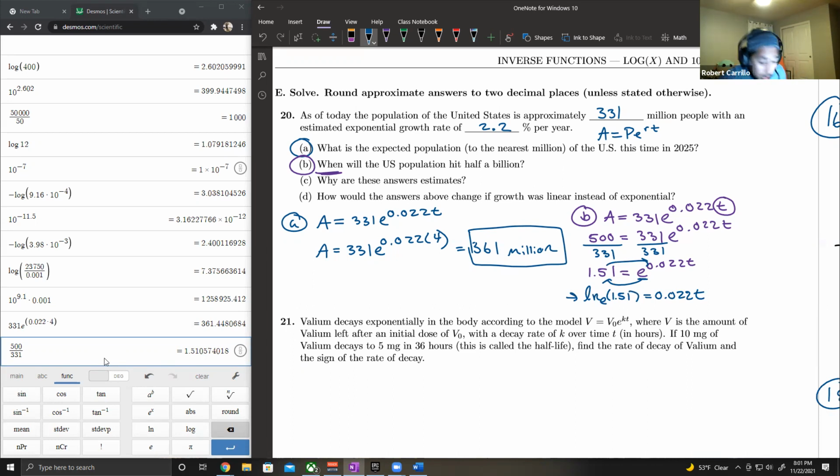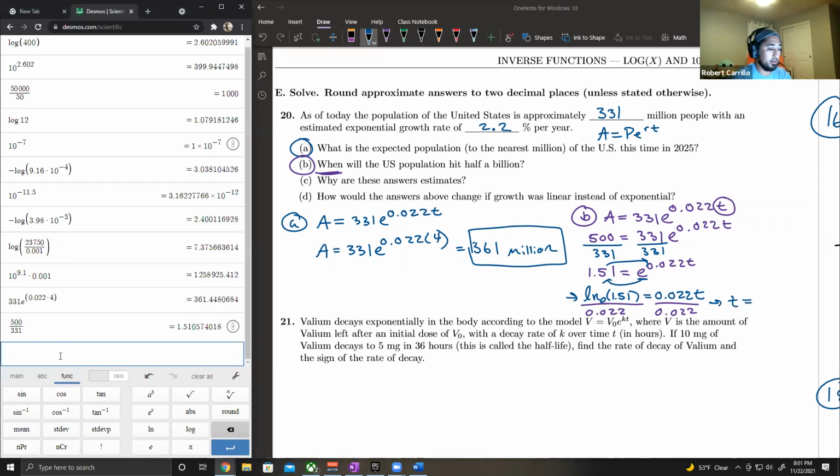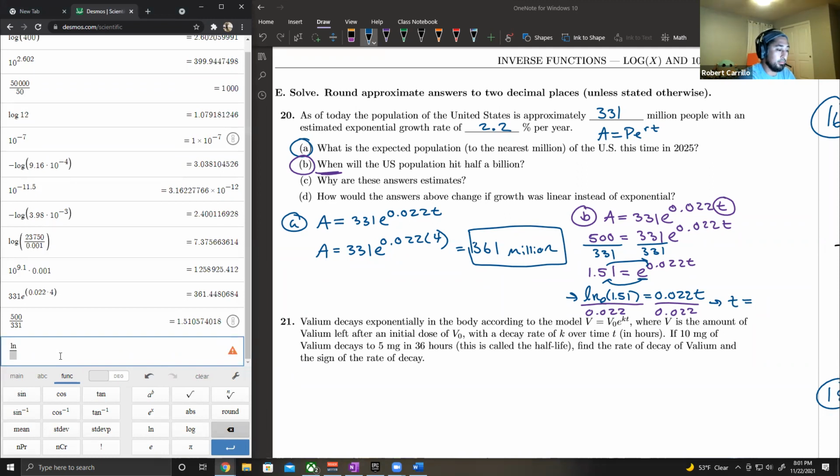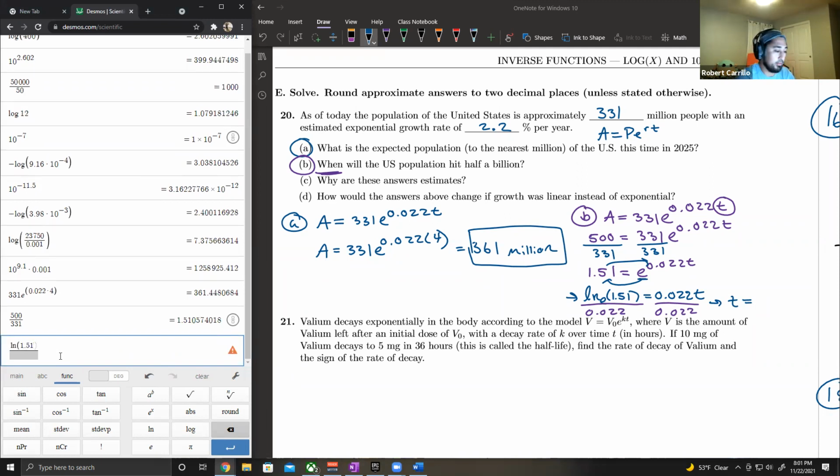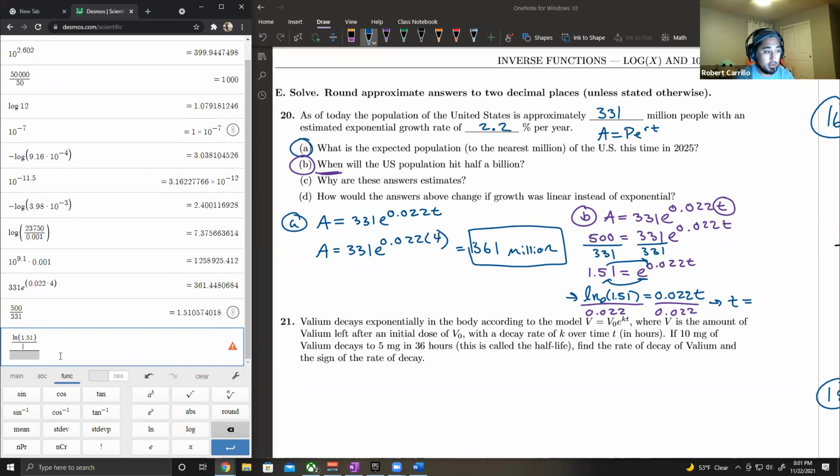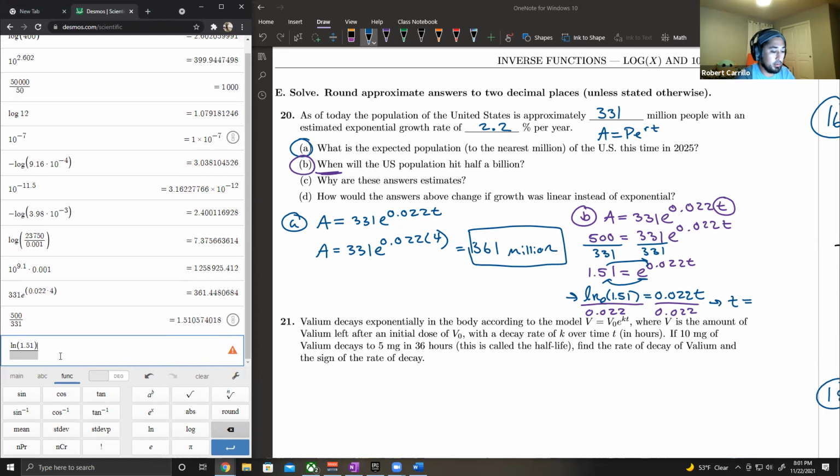Okay, and now all we have to do to solve for t is divide by 0.022. So divide by 0.022. And this means that t, and to type that in, remember, you're just going to type in natural log of 1.51 over 0.022.